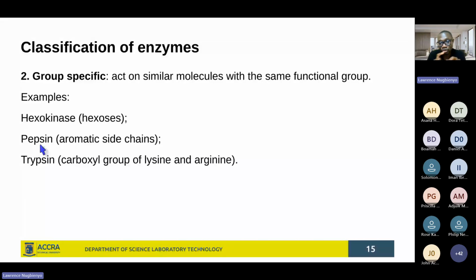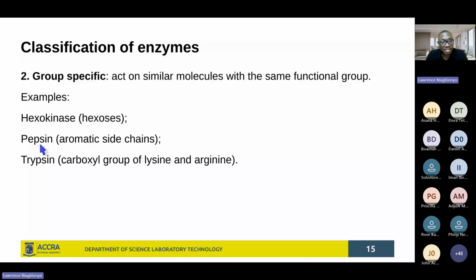Lysine and arginine are also similar. If you go and look at the structures of the amino acids that we saw, you realize that lysine and arginine have an extra amine group in their side chain, which is carrying a net positive charge on the amino acid molecule.